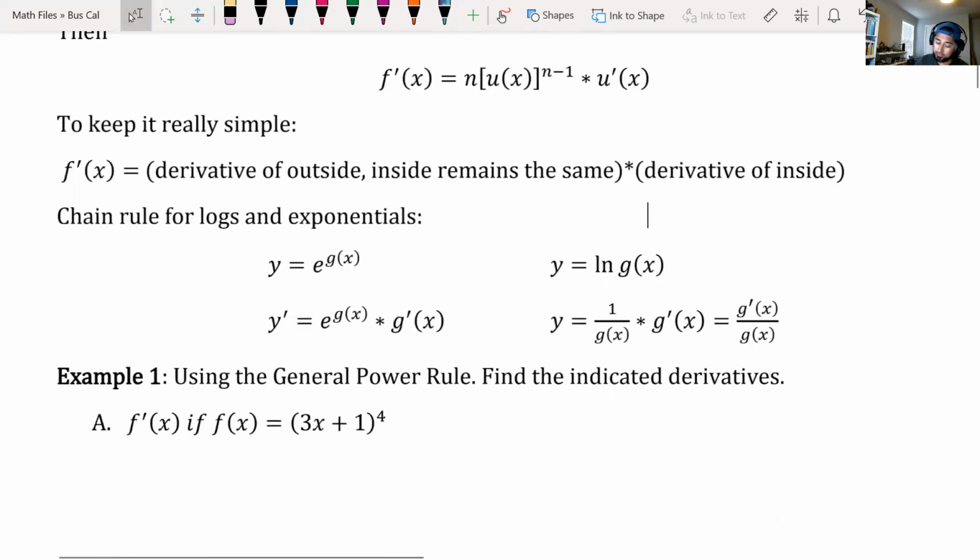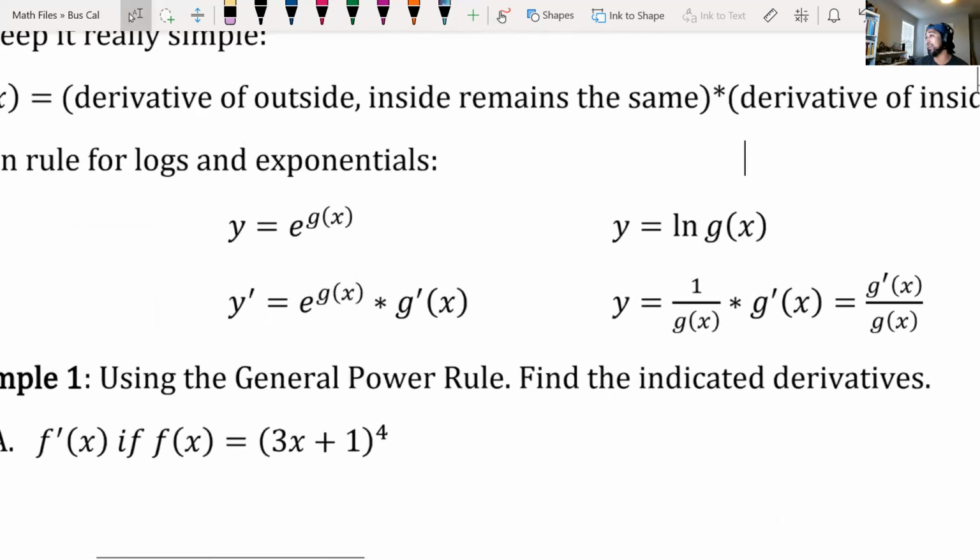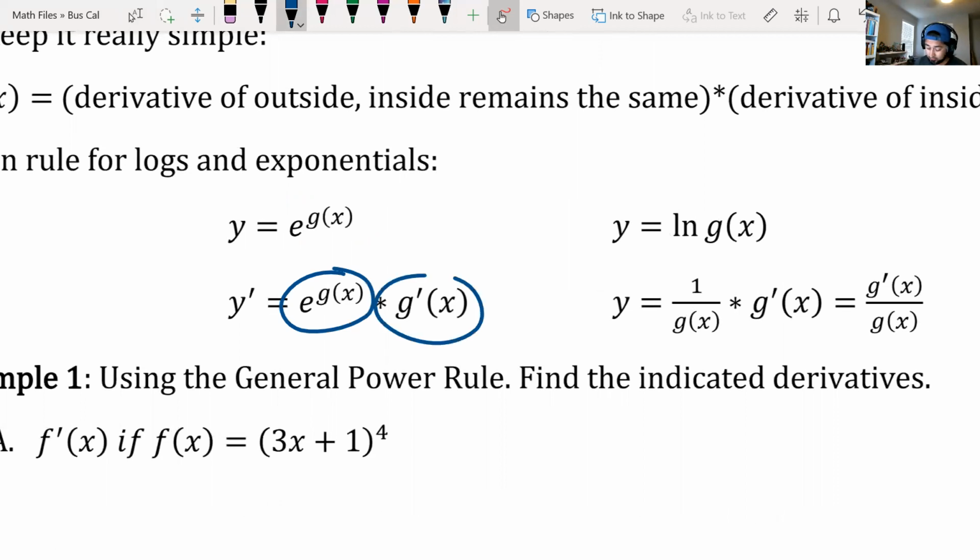And since we know the derivatives of e to the x and the natural log, these are the chain rule derivatives for e to the g of x and the natural log of g of x. If you're ever given e to some function g of x, the chain rule derivative is going to be e to the g of x times g prime of x.